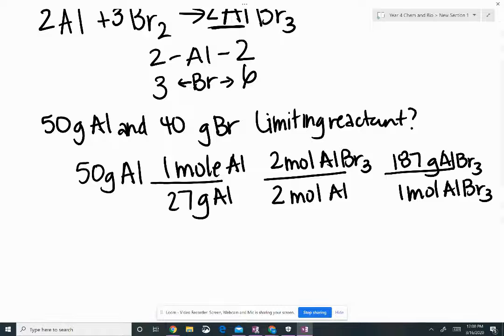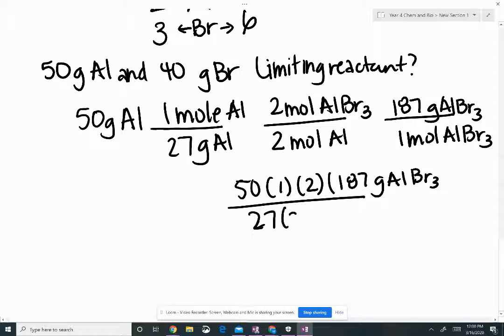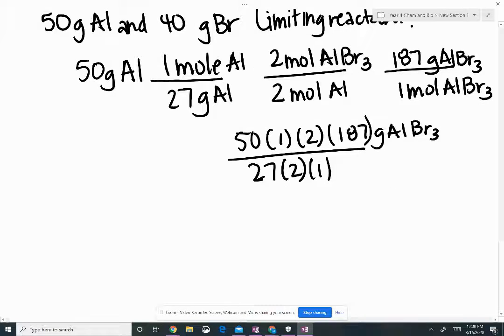So I would multiply those things out. So 50 times 1 times 2 times 187 grams of AlBr3, and I divide by 27 times 2, which is 54 grams of AlBr3.